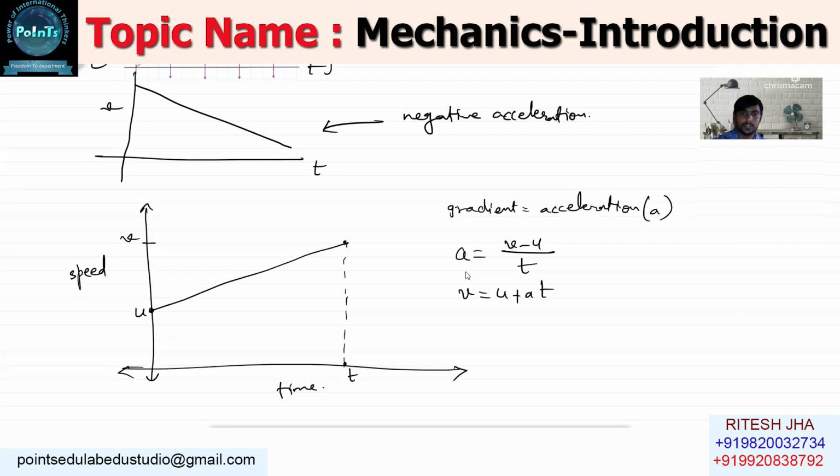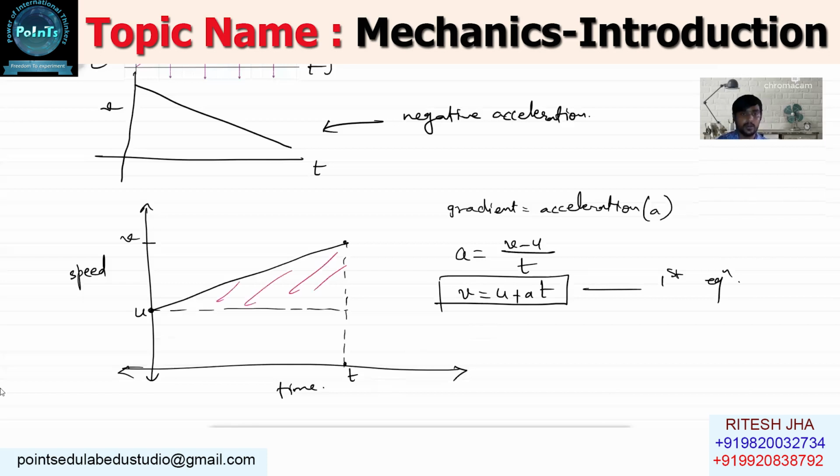Now this is the first kinematical equation, the first equation of the kinematics. Other thing that we learned, the area under the graph gives you the distance, right? So what I'll do, I'll basically divide it into two parts, two areas. We are having, let's say, this upper one and the lower one.